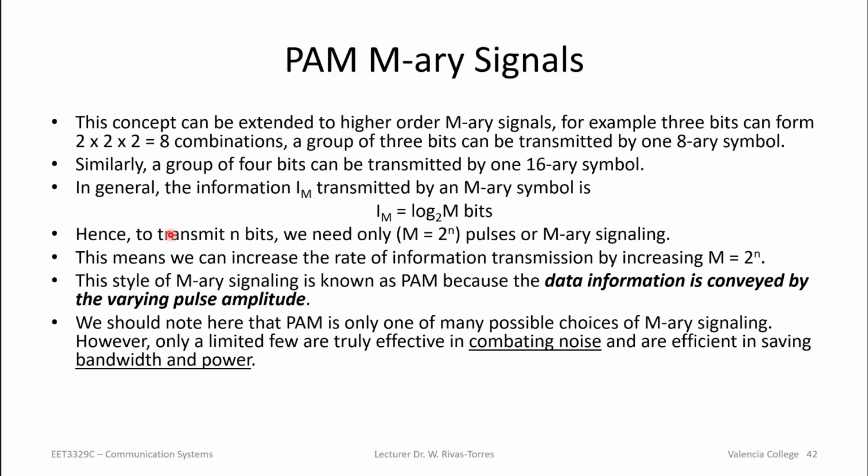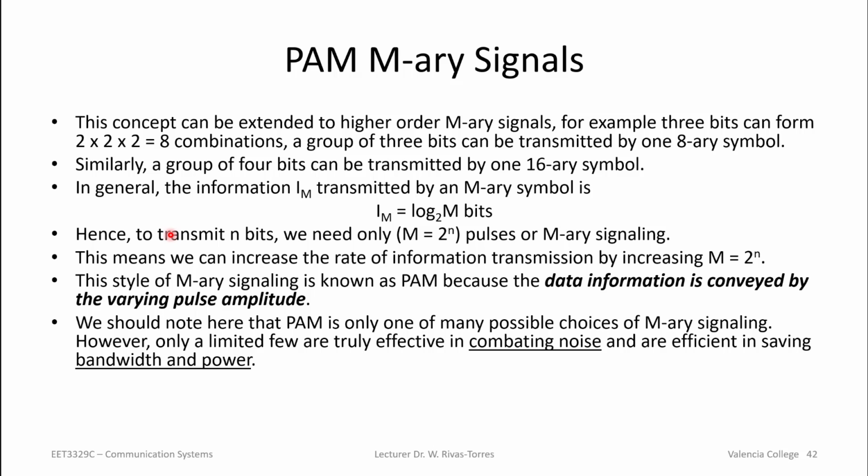Now you can think about 2 by 2 by 2, right? Every bit has two possibilities, so if you want 3 bits, there's a total of 8 combinations needed. You can go to a 16-ary symbol set.